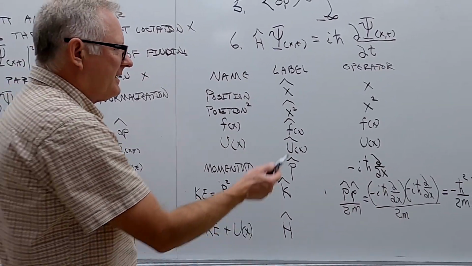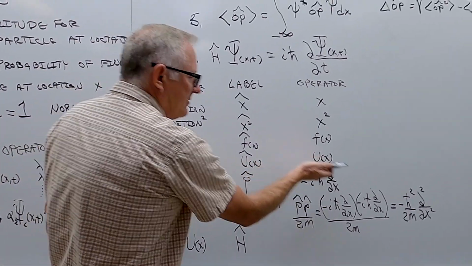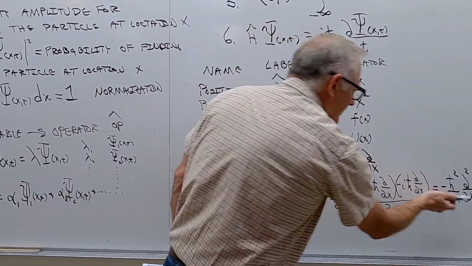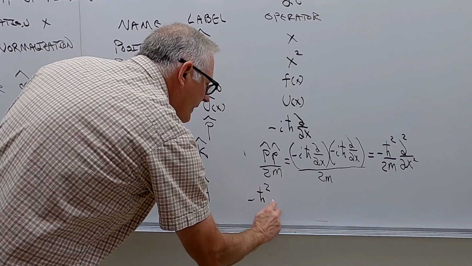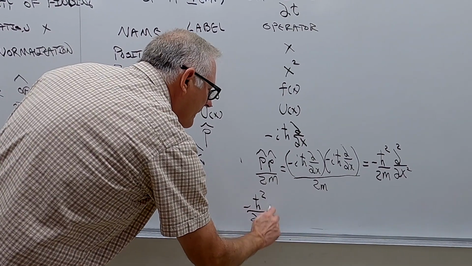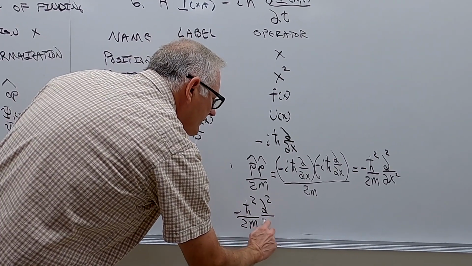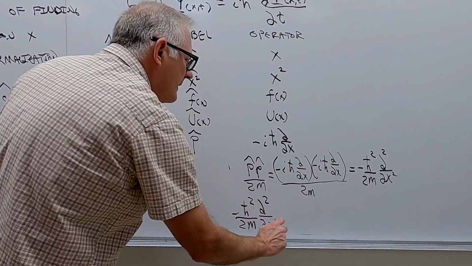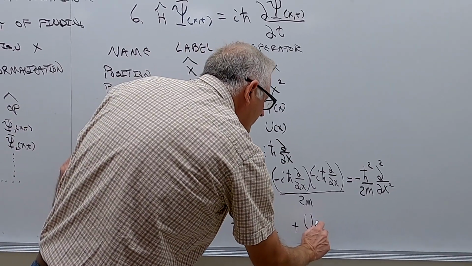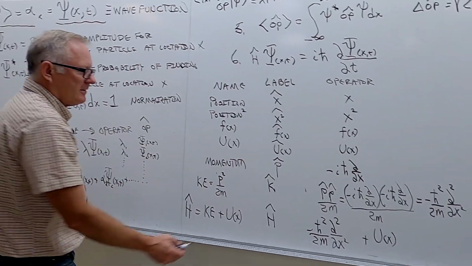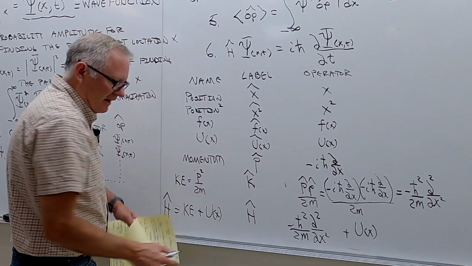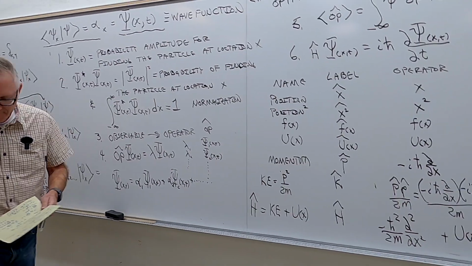It's just the sum of these two right here. So it's going to be minus h bar squared all over 2m, second derivative with respect to x squared, plus u of x. So there is what we call the Hamiltonian operator right there.